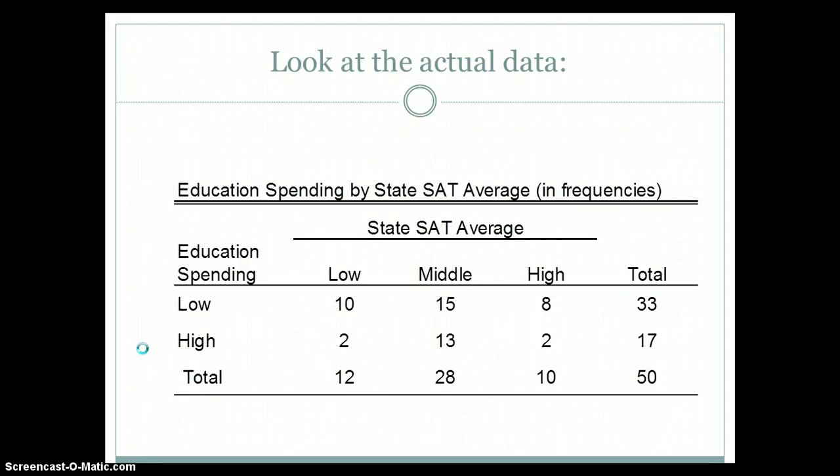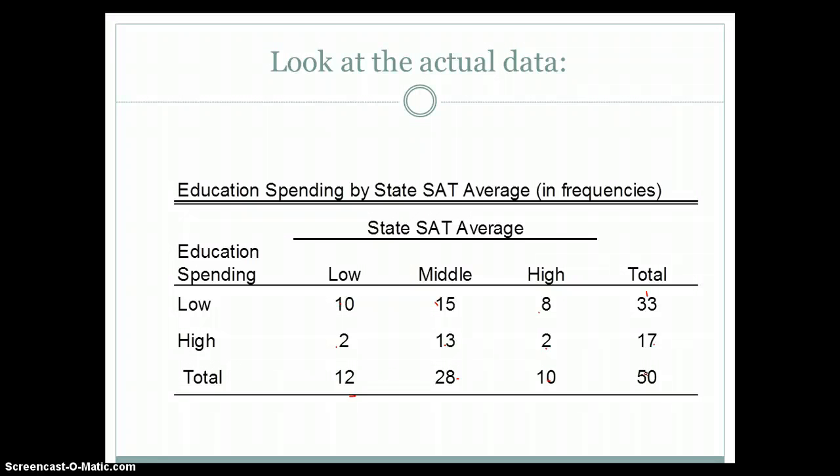Right? Now, given this frequency table, how can we find the expected no relationship frequency for each cell? Remember, this is our sample. But we want to compare it with an imaginary table that would have the frequencies in each of the cells that would represent no relationship between SAT average and education spending. Well, it's a pretty straightforward way to do it.